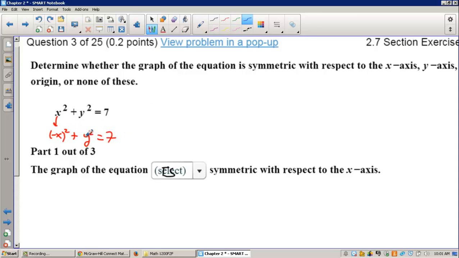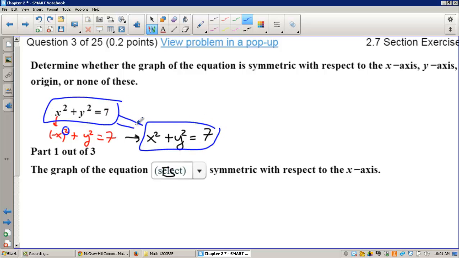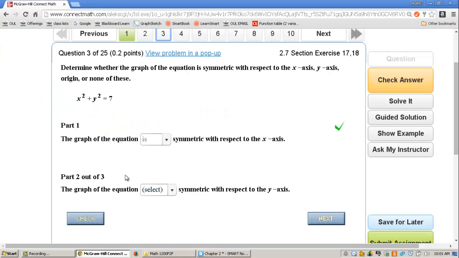But that square around x is going to save us again. Negative x times negative x is positive x squared. y never changes at all, equals 7. So same, right? Equivalent.